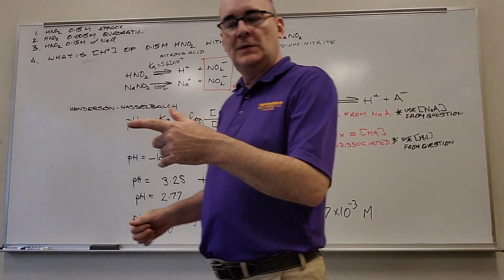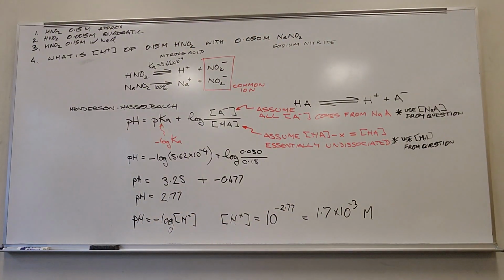It's printed on here, wherever you find the log button. So the opposite function is 10 to the x, and we're doing negative log, so our opposite function is 10 to the negative x.